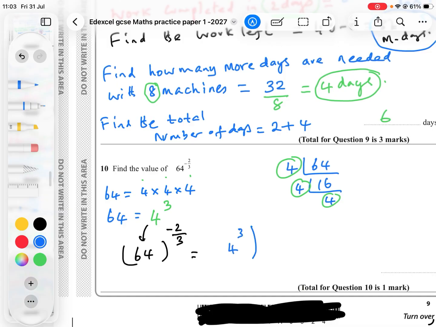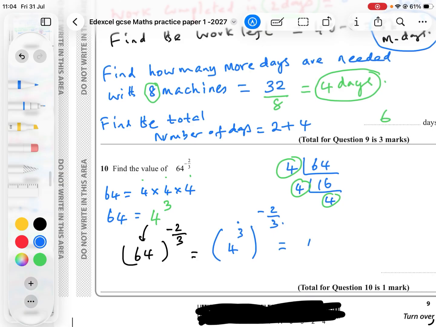So you need to put the bracket. Then this is another power. Minus 2 over 3 is a fraction. So 3 is your denominator. What will happen? The denominator of the 3 in the fractional index cancels with the power of 3.